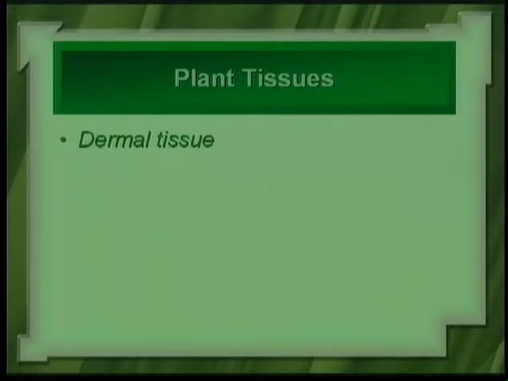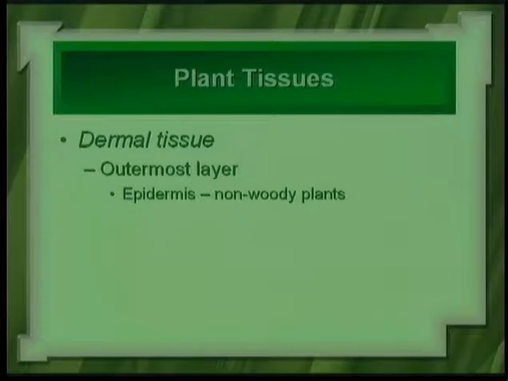Okay, let's see. Next, we also have tissues known as dermal tissues. So these dermal tissues are generally the most exterior part of the plant. They comprise the outermost layer of non-woody plants, all right? And the outermost layer of non-woody plants is called the epidermis, just like in humans.